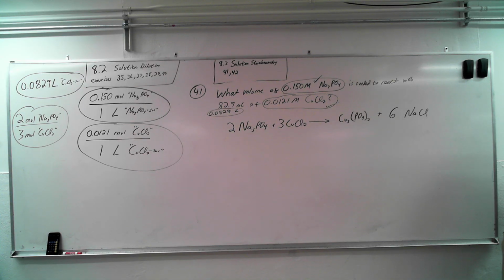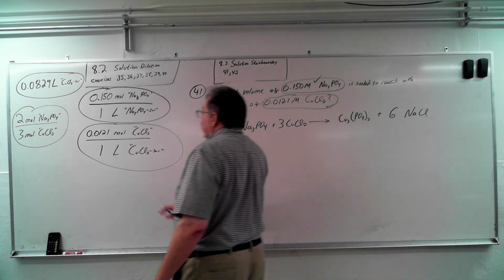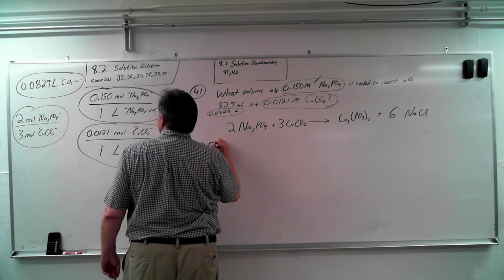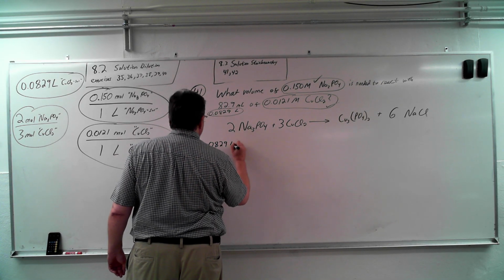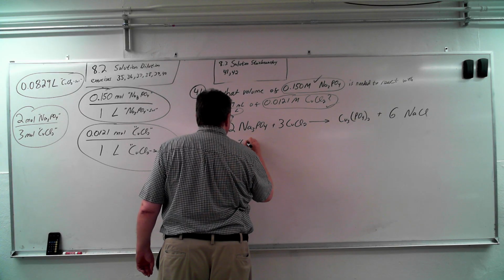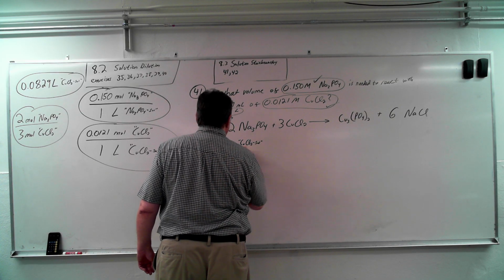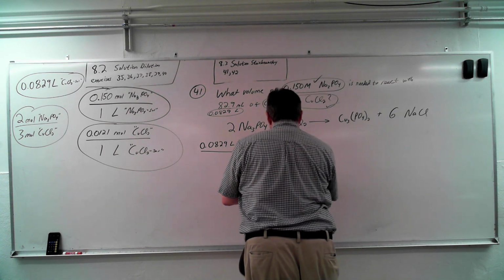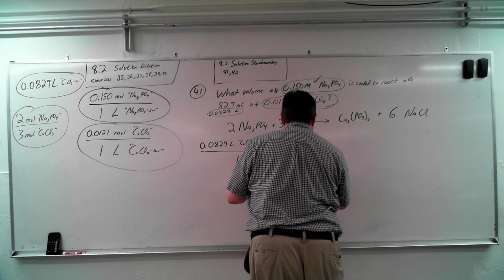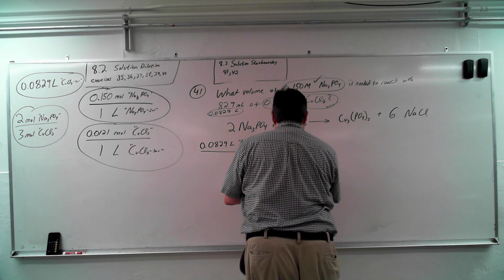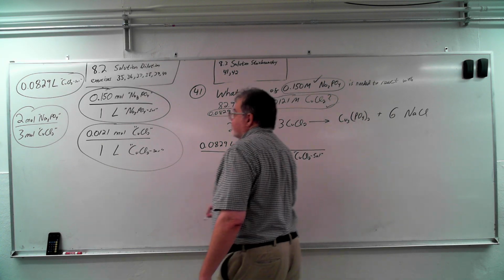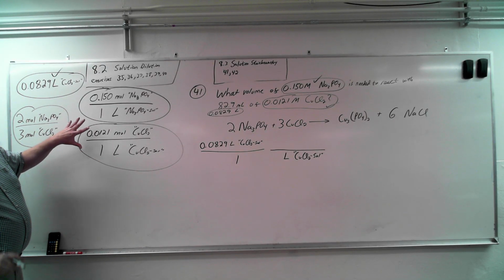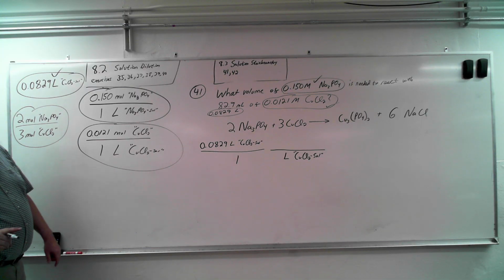All right, to build the equation, I'm going to start with 0.0829 liters of CuCl2 solution. Put it over 1. This means liters of CuCl2 solution needs to be down here. Of all those 6 things, only one of them says liters of CuCl2 solution.